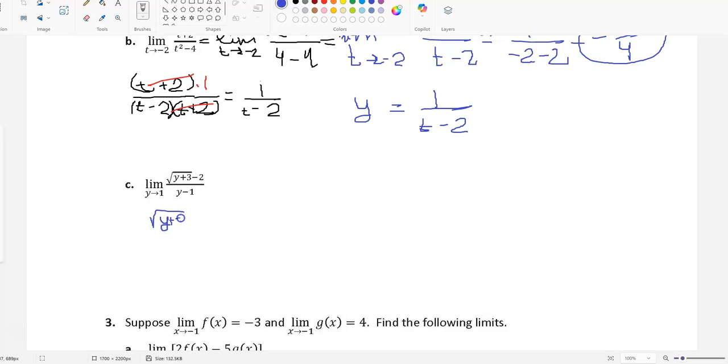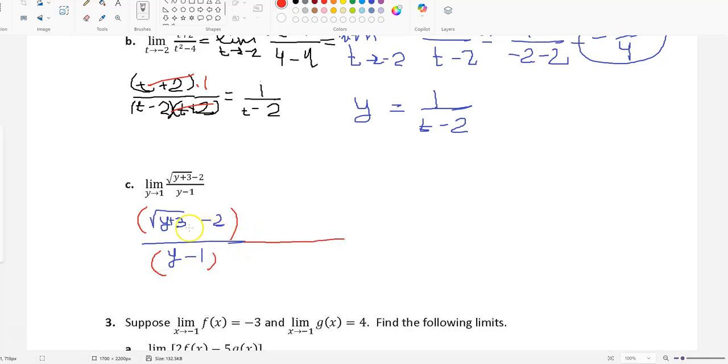So we have square root of y plus 3 subtract 2 over y minus 1. And again, since y equals 1 turns both into 0, that means that there's some way we can reduce.